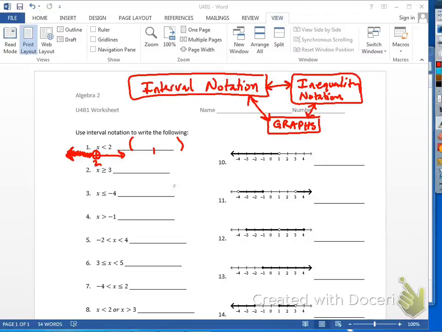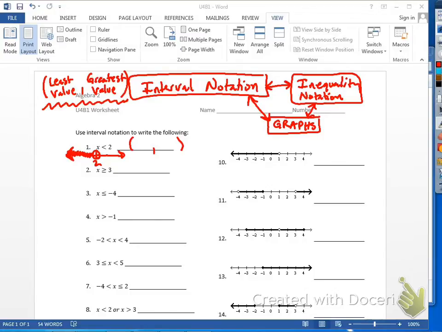And so what we're going to do is write the least number here. Interval notation works like this: least value, and the greatest value. So that's how you write interval notation.